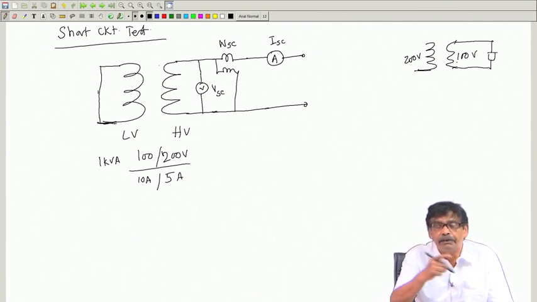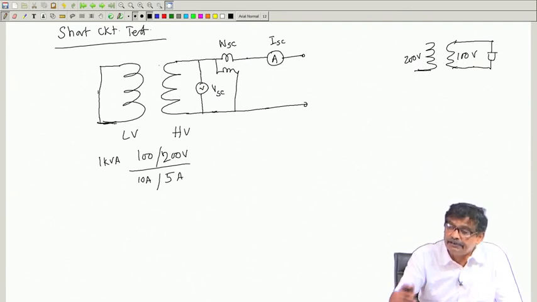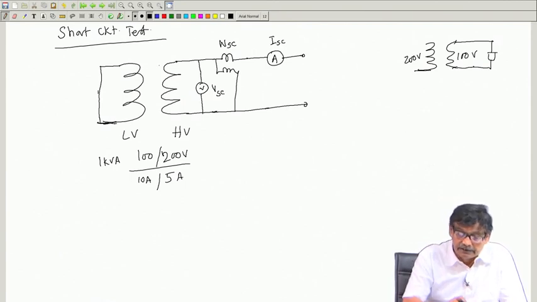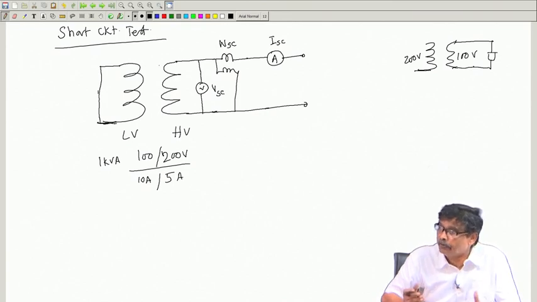I told you in my previous lectures that how much load impedance you will connect is decided by the rated current of the secondary coil. What is the rated current of the secondary coil? LV side 10 ampere. Therefore, I should not connect an impedance whose value is less than 10 ohm.